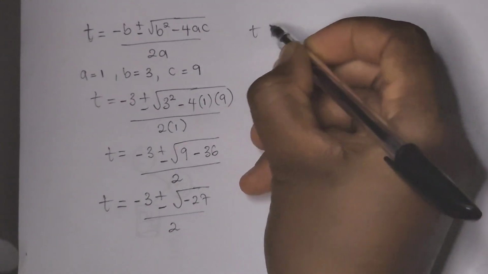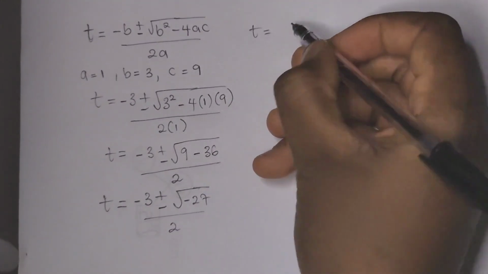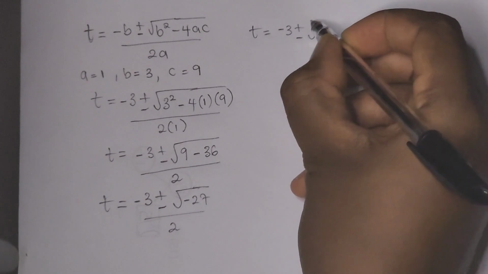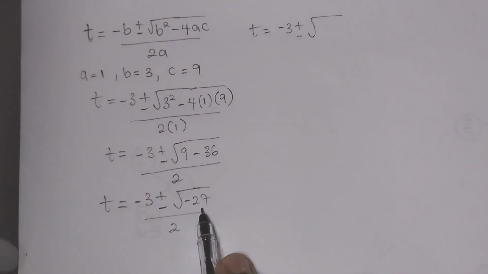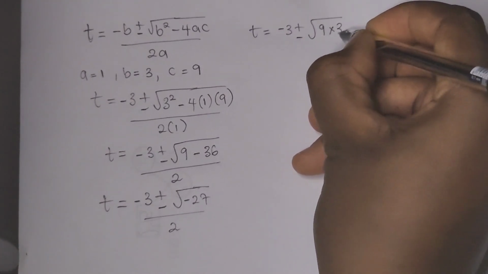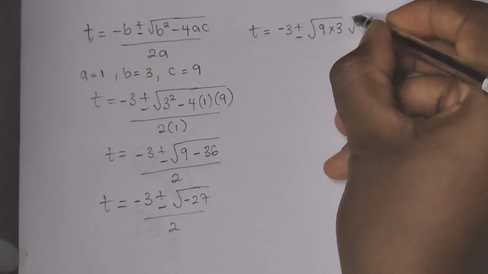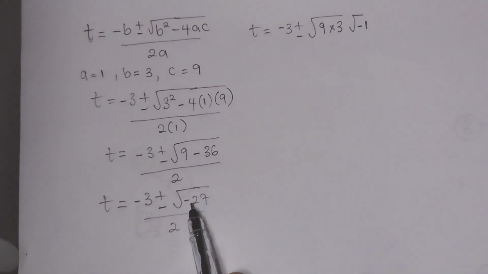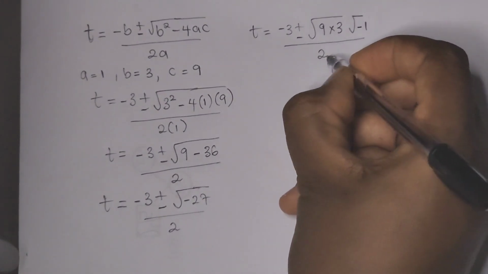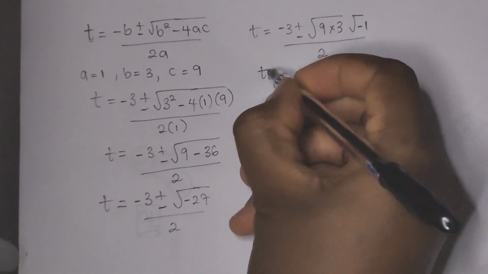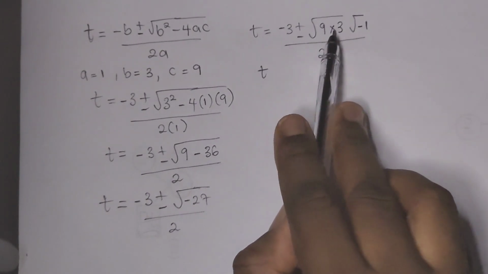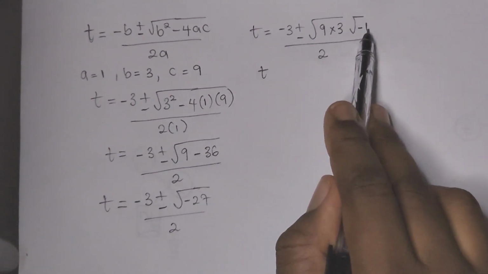This minus 27, we can actually break into 9 times 3 times root minus 1.